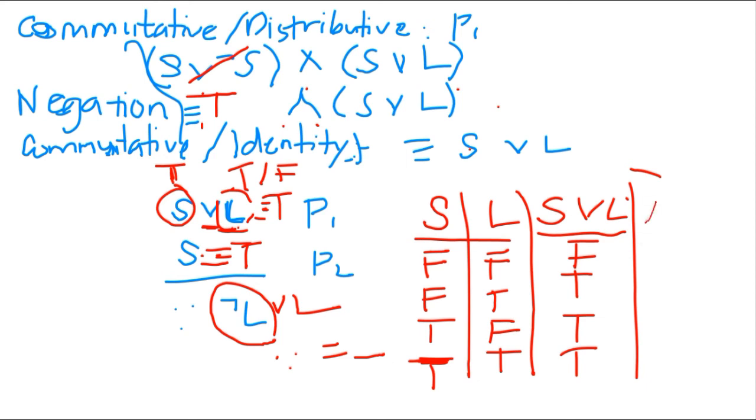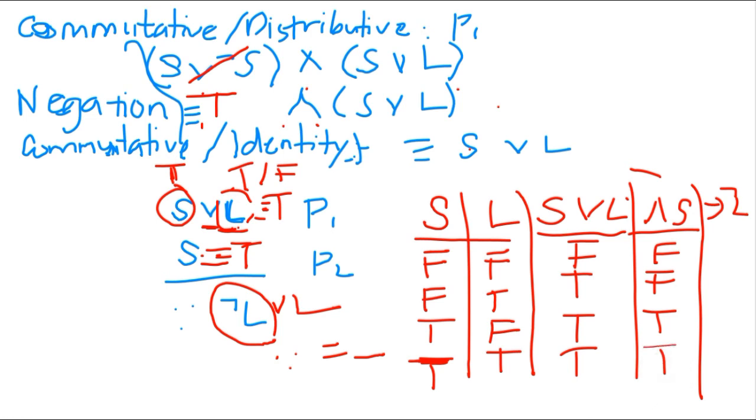And so if we AND this with the S, so false and false, that will be false. So true and false, that will be false. True and true, this will be true, and true and true, this will be true.